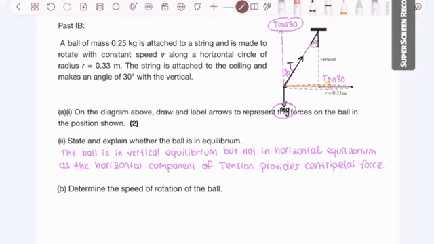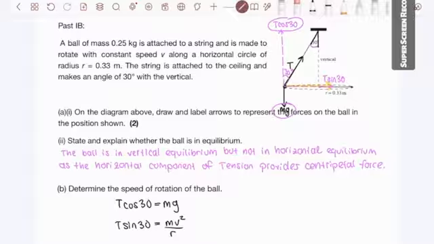So as we did in the previous question, again we would equate the horizontal and vertical components to each other. So as I said, T cosine 30 would equal mg. These are the vertical ones. And T sine 30 is what's providing the centripetal force, which is mv squared over r.